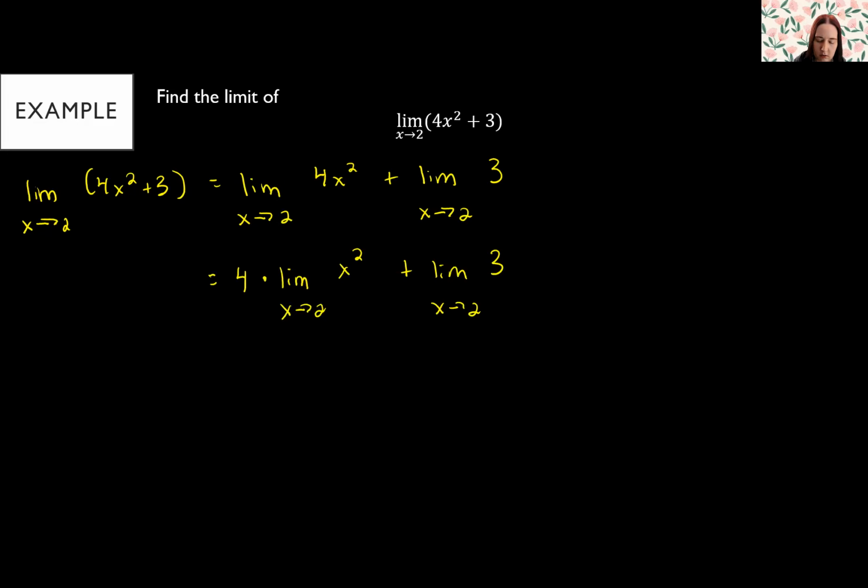So the limit of x squared, so the limit of any x to some exponent, we have a property, you can just plug in your value for x to find that limit. So to evaluate the limit, you plug in 2 for x. So that's going to be 2 squared. And basically the same thing happens here with the limit of 3, except that there's no x to plug in. So it doesn't matter what x is, you're always going to get 3 here.